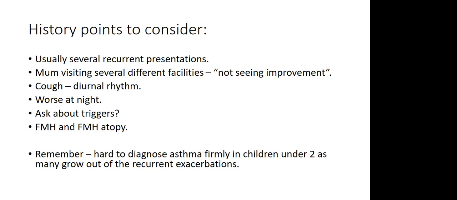So once they are over 2, that's when you will start to say, okay, these wheezy attacks are coming again, we need to be considering asthma. And the reason for that, if you give someone a diagnosis of asthma, it's a very serious thing because you are saying really that they're going to be on medication for a long time in their life and they'll be needing a lot of follow-up, as we're going to be talking about. So that's why it's very important to consider the history.